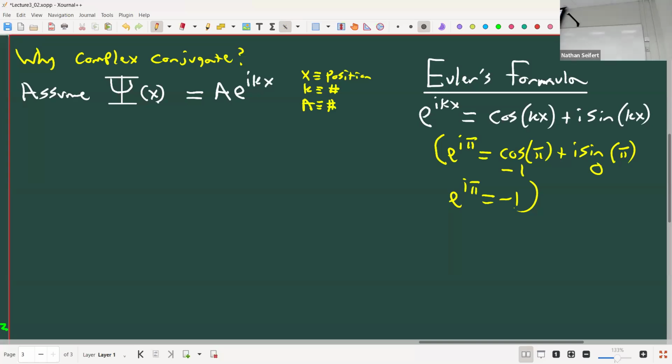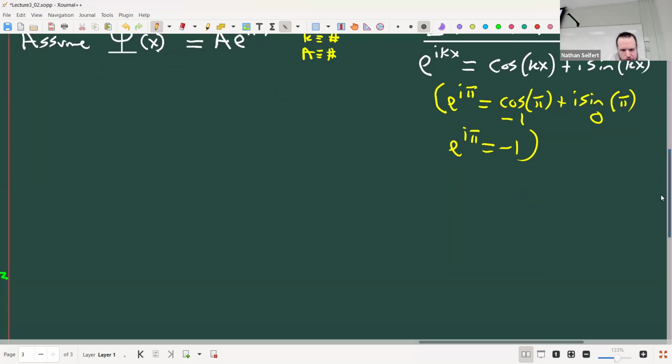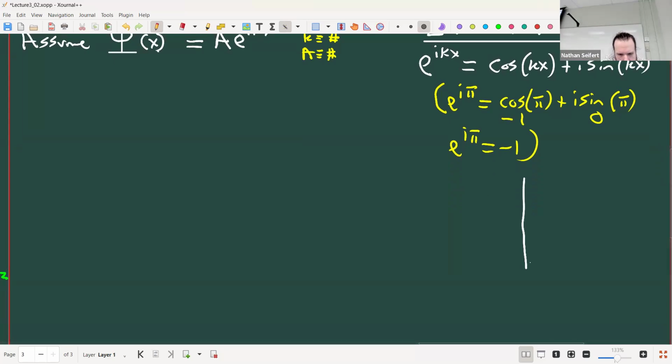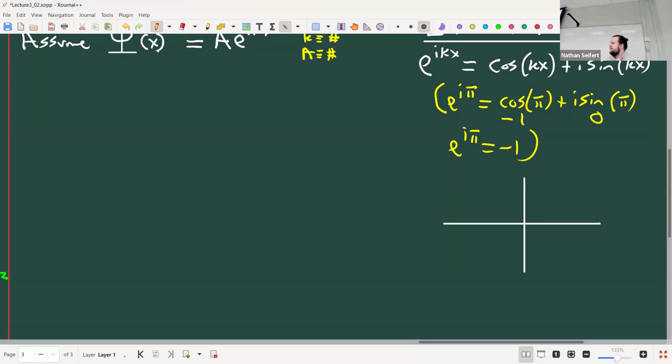And the thing about this, so what is cosine kx plus i sine kx? This is motion on a circle. Let me show you that. We're going to plot this like a complex number.